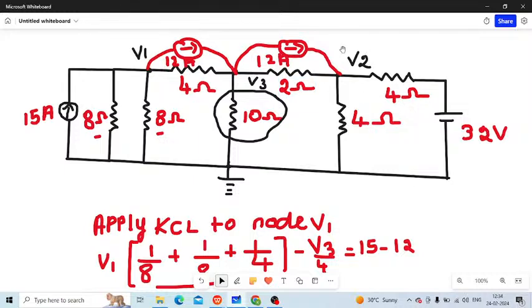I'll repeat once again: V2 minus V3 divided by 2, V2 by 4, and V2 minus 32 divided by 4, which equals 12.